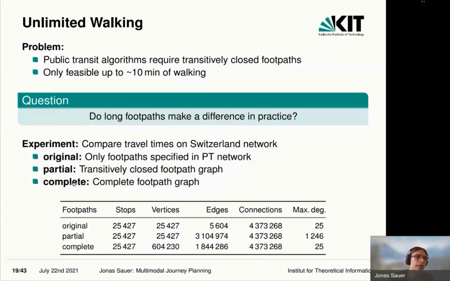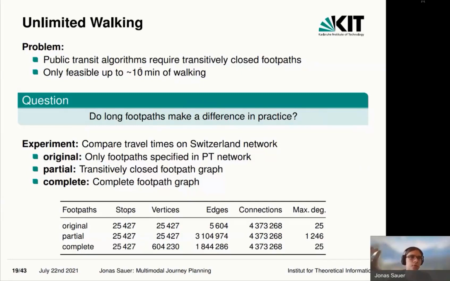And then finally, we have the complete footpath graph, which is just the entire OpenStreetMap footpath graph of Switzerland, which actually has fewer edges than the partial graph, which already goes to show you that if you take that approach of building the transitive closure, in the denser regions of the graph, which usually is the bigger cities, you get very large cliques.